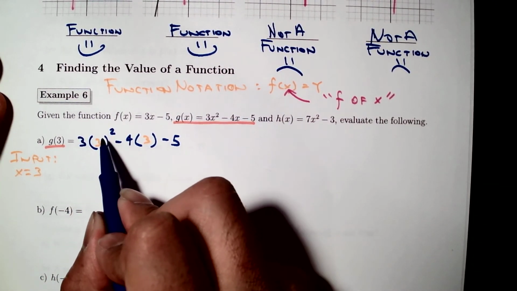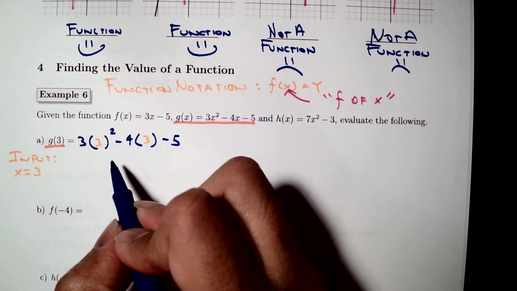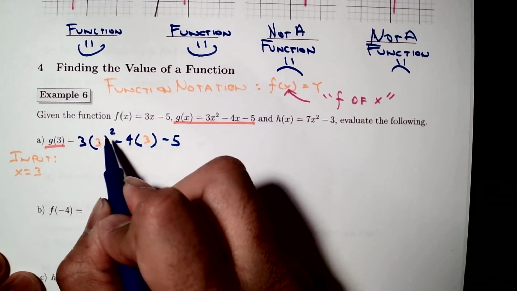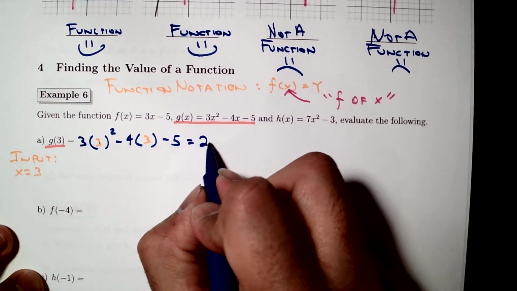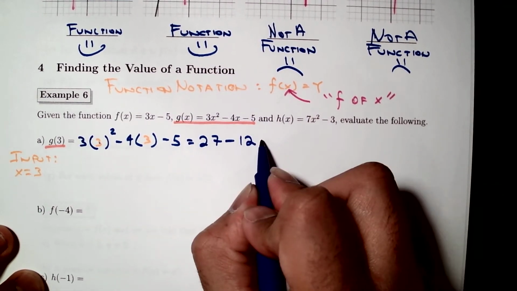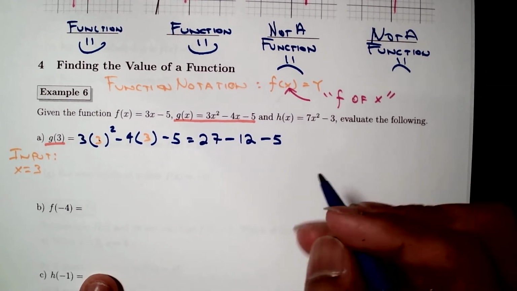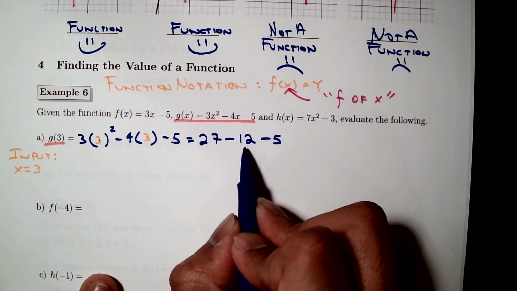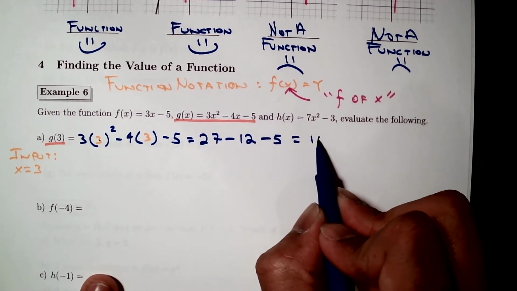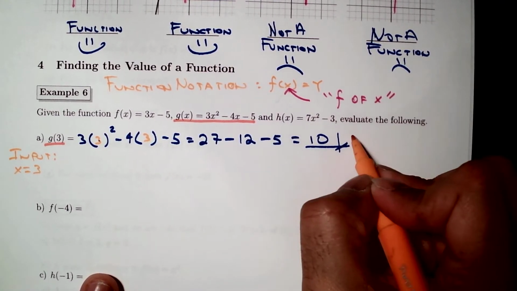By PEMDAS, the exponent goes first and then the multiplication. This is going to give us 3 squared, which is 9, and then 9 times 3 gives us 27. And then minus 4 times 3, which is 12, and then minus 5. Combining all these numbers, 27 minus 12 is 15, and then minus 5 equals 10. All right, this is the output.